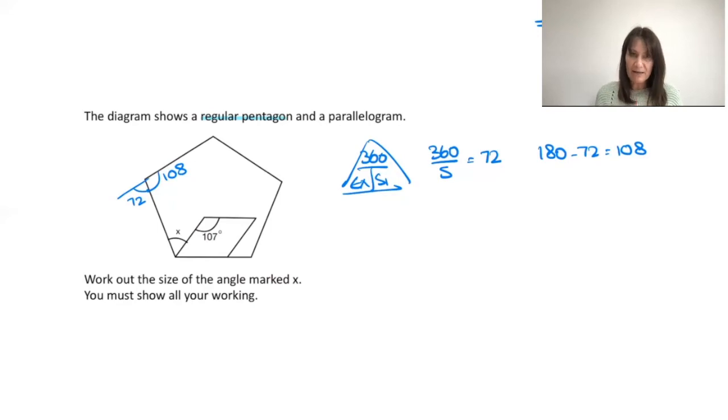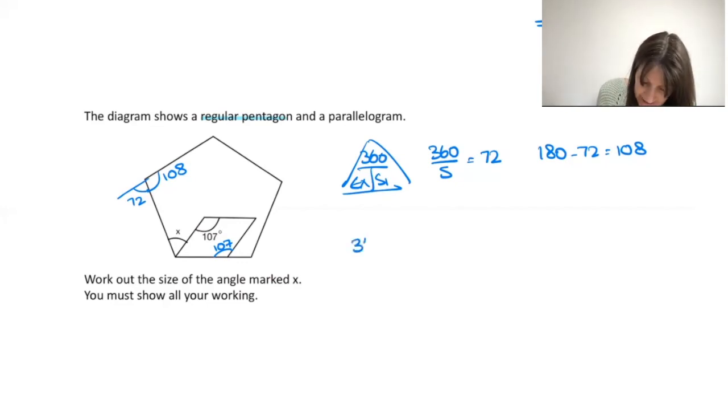I've also got a parallelogram, and I've got to work out the angle marked X. Now, what do I know about parallelograms? This key information, knowledge, needs to come and help solve this problem with us, okay? Now, the opposite angles of parallelograms are equal, so I do know that that is 107. I also know a parallelogram is a quadrilateral, so the angles will add up to 360.